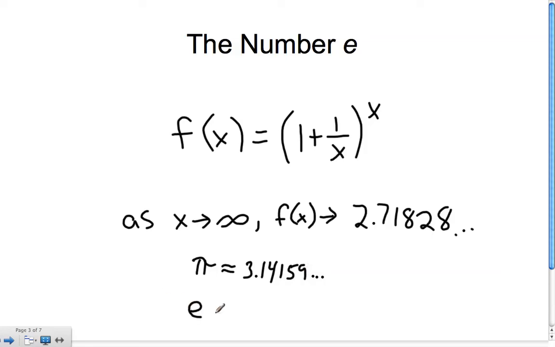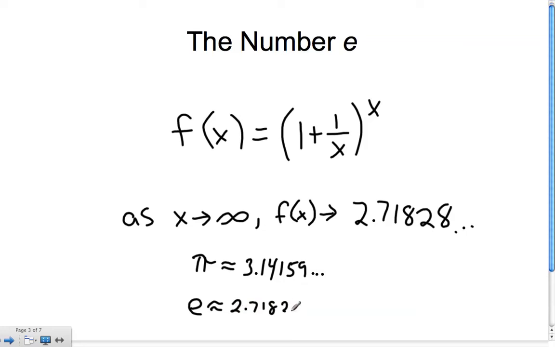People also decided that instead of writing the same number over and over and over again, we're just going to assign a letter to it and call it e. So it makes life much easier to calculate. So the numeric value of e is approximately 2.71828.